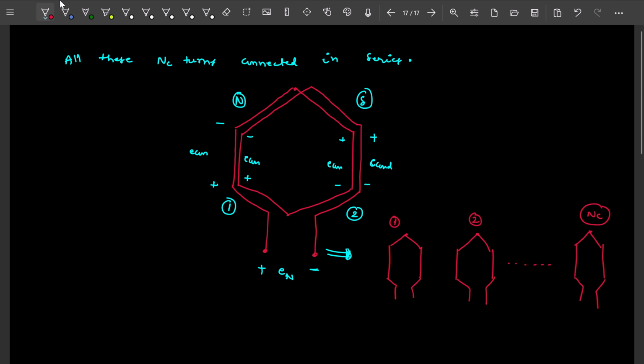And across this we are going to have whatever we have got, that 2.5 P Nm by 60. Here also 2.5 P Nm by 60. That same voltage is there, and these all are connected in series like this.